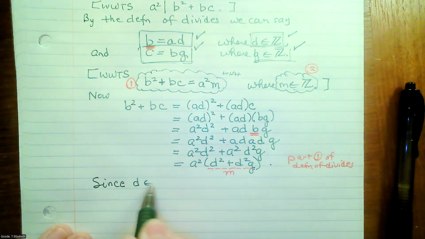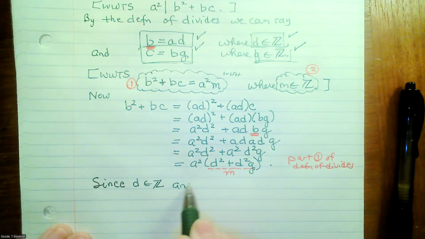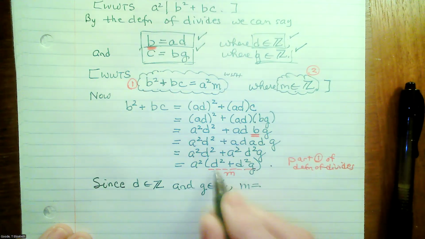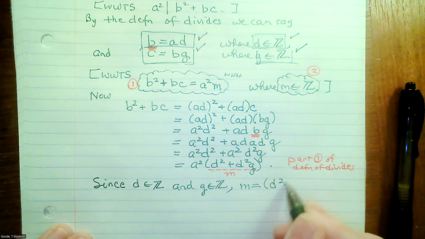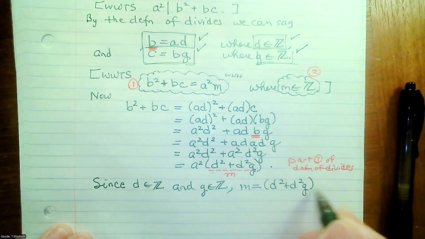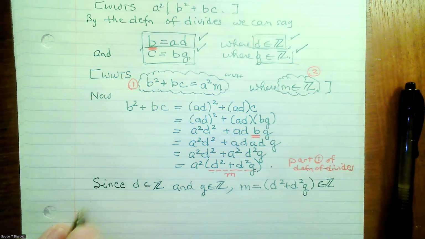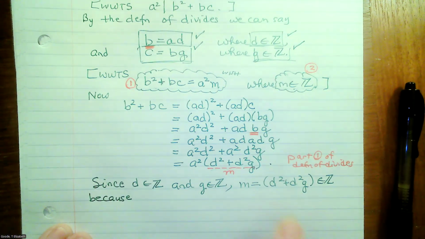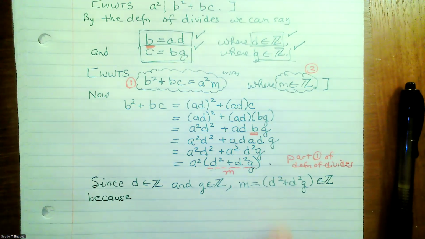Since D is in Z and G is in Z, M, which is this quantity, D squared plus D squared G, is in Z. Why? You want to get every point you can, folks. Why do we know M is in Z, everybody?